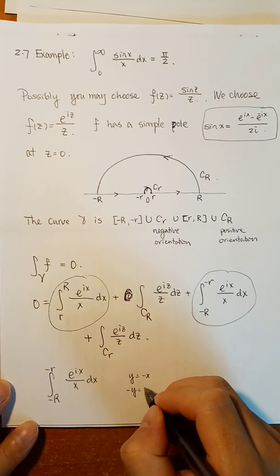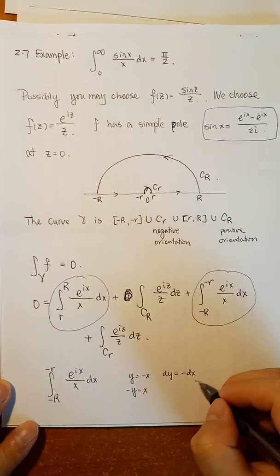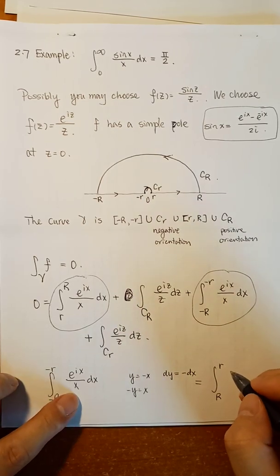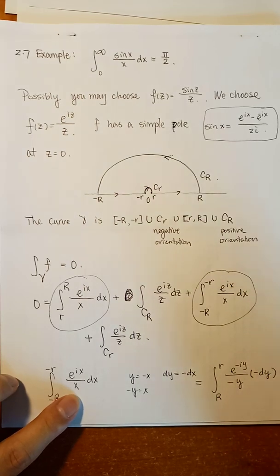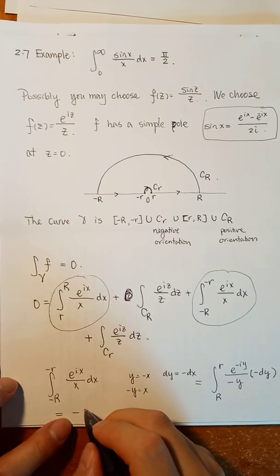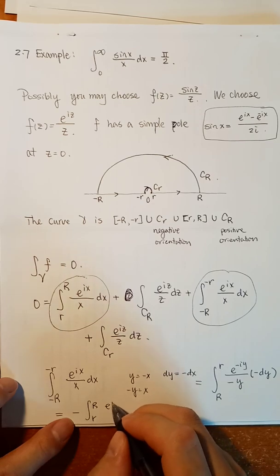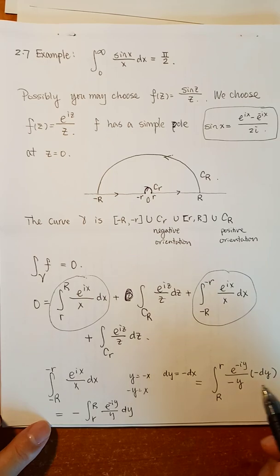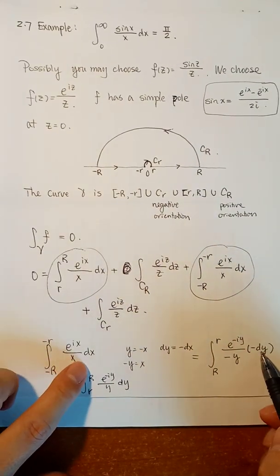Then negative y is x, dy is negative dx. With this substitution, you have a negative sign in the denominator and a negative sign from the dx.